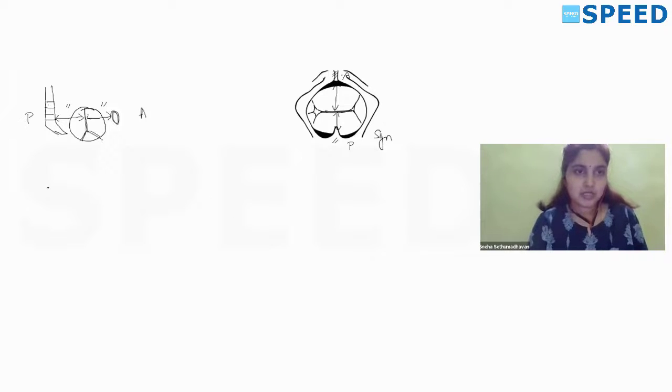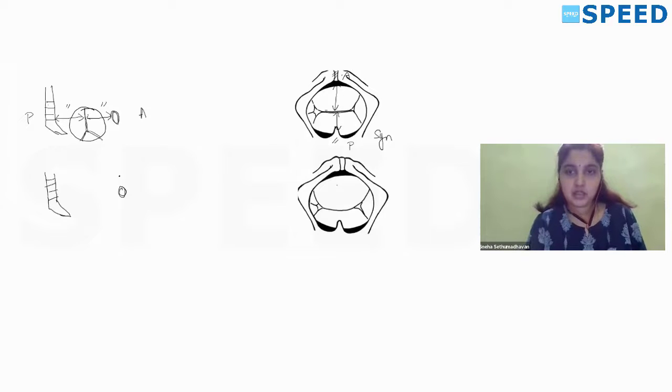The next scenario will be, again, this is the sacrum, and this is the pubic symphysis. In this case, the baby's head is tilted slightly such that the sagittal suture is closer to the sacrum.